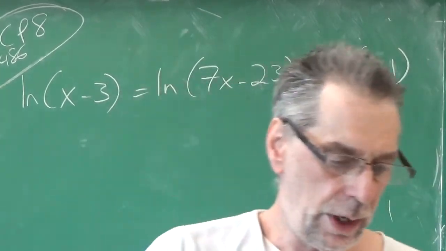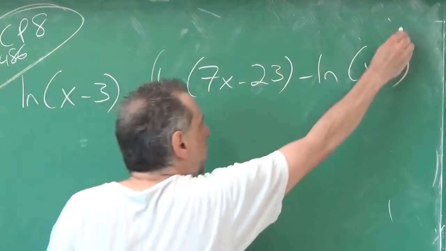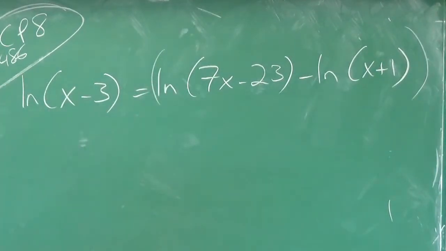All right, another logarithmic equation, this time with 3 separate logarithmic expressions. So remember the one-to-one property says we want the natural logarithm of something on the left-hand side equals natural log of something on the right-hand side. So if we combine these two using the quotient rule, then we'll have the if statement of the one-to-one property.